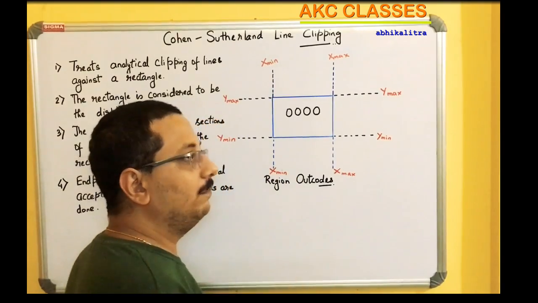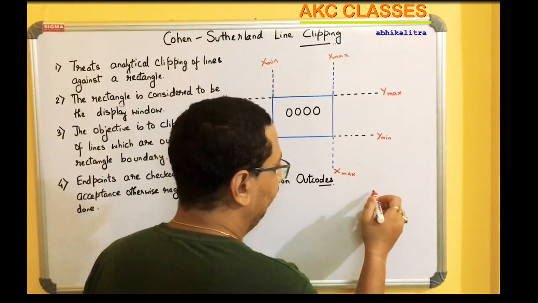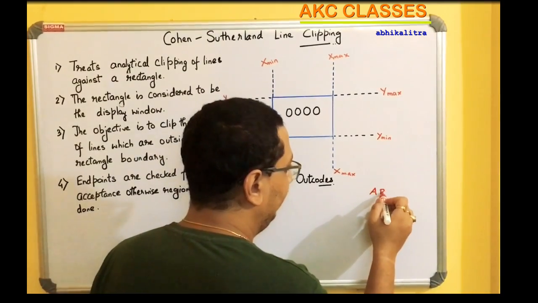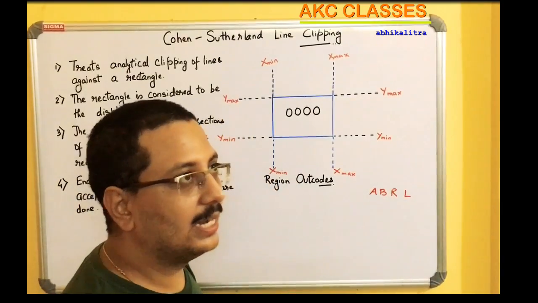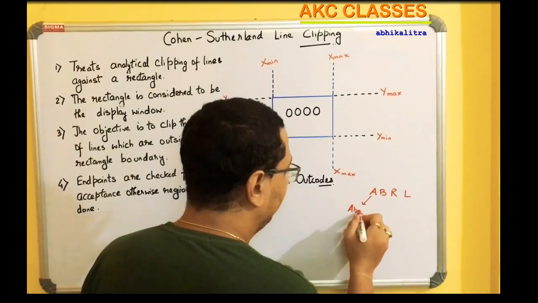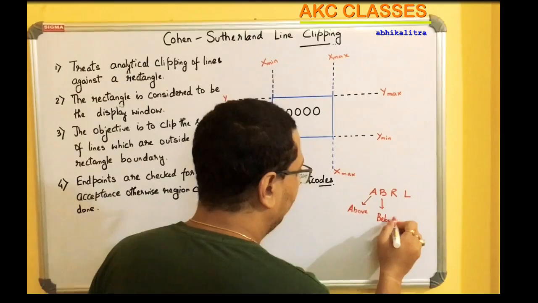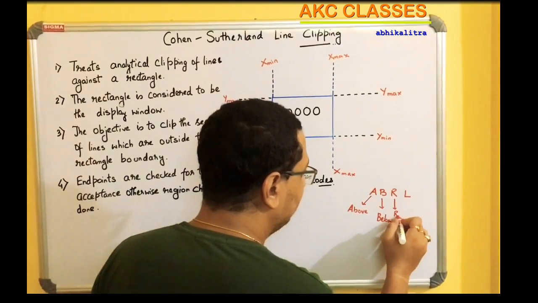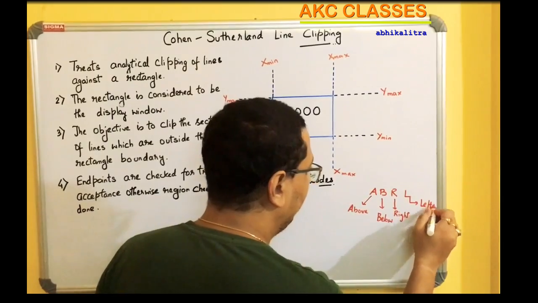The basic formula behind forming this code is to follow a rule which is A, B, R, L, right? What is this A, B, R, L? A means above, B means below, R means right, and L means left.